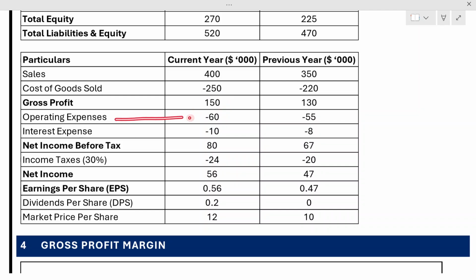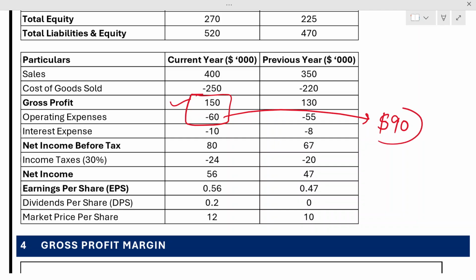Our operating expense is $60 and our interest expense is $10. Now here in our example there is no depreciation, but if there had been depreciation then the treatment would be different. But right now if someone asks you what your EBITDA is, you can say my gross profit is $150 and my operating expense is $60. So effectively $90 will be my EBITDA.